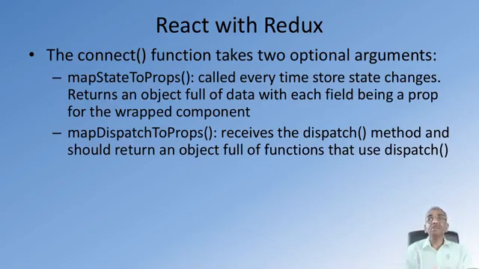So that state will be mapped into the props of your component. And so the state information becomes available through props in your React component. And those props can then be passed down to your children as required in your application.